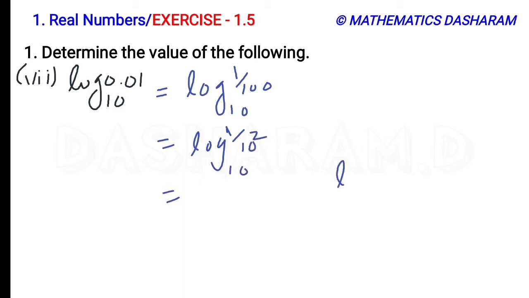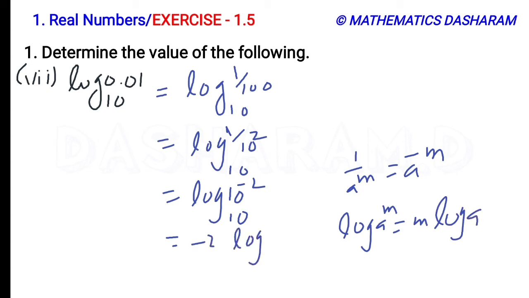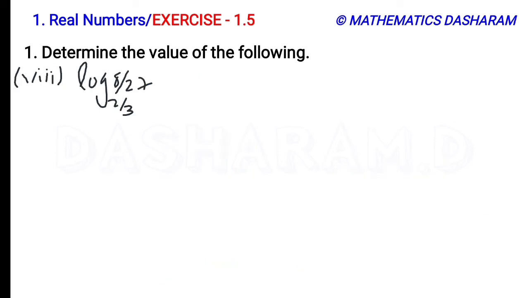Now 1 by a to the power of m equals a to the power of minus m. So then log 10 to the power of minus 2 base 10. By the formula log a to the power of m equals m log a, then minus 2 into log 10 base 10. So it is equal to minus 2 into 1, so it is minus 2.